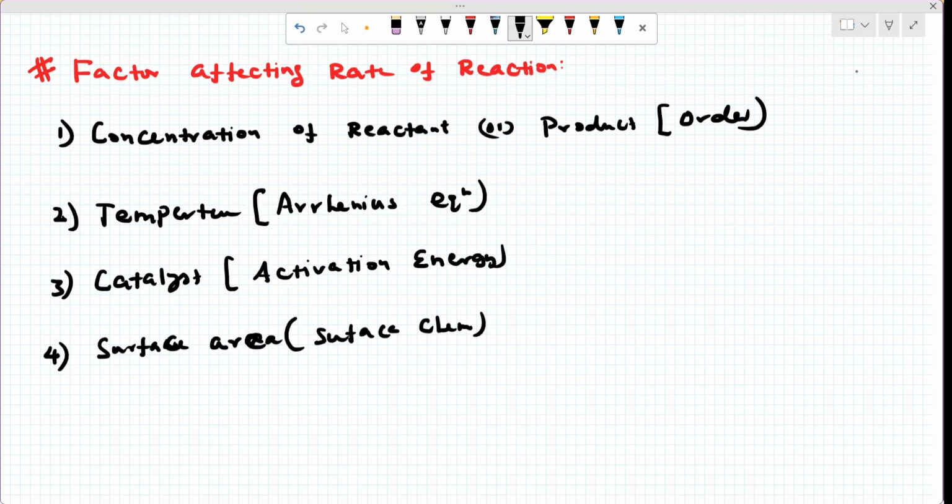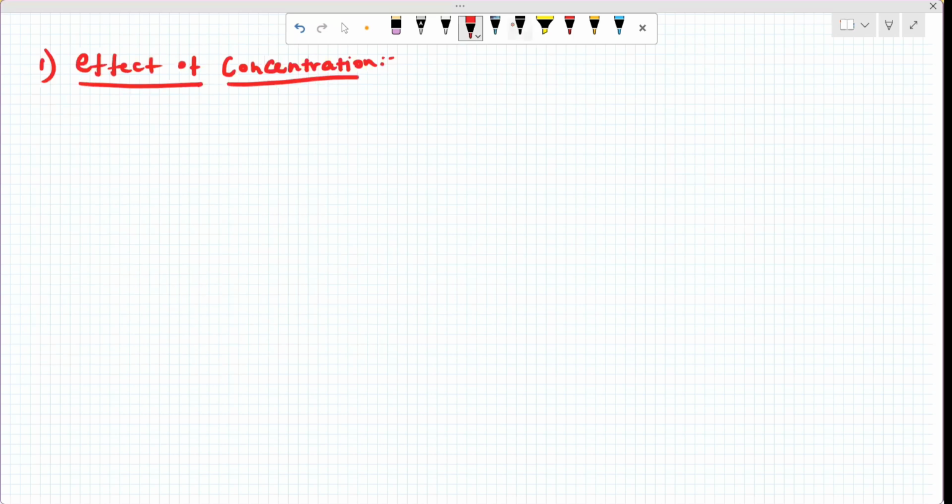Okay, now see, the first one is very important: effect of concentration. Please note.